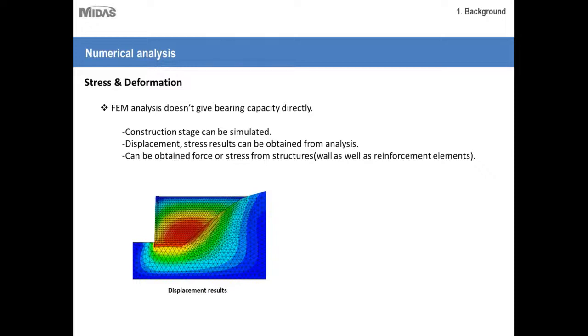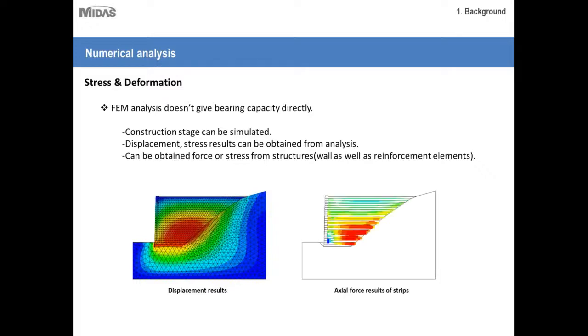And it gives the forces not only for your wall elements but also for the reinforcements. So you can see the axial forces are obtained for these reinforcements. Now if you notice here, the axial forces are higher at the bottom as compared to the top.